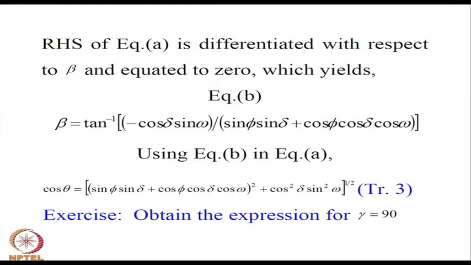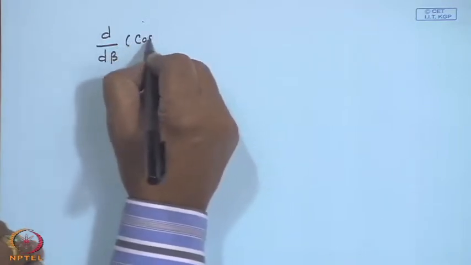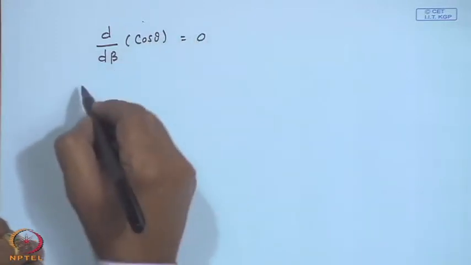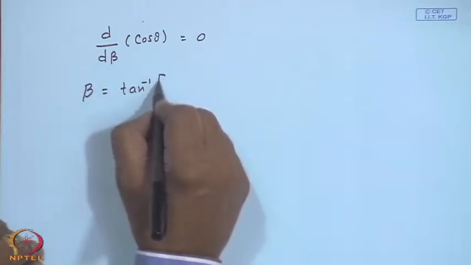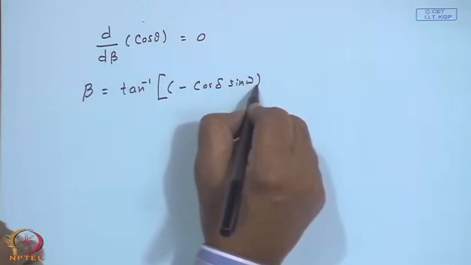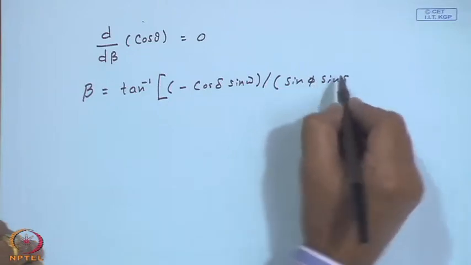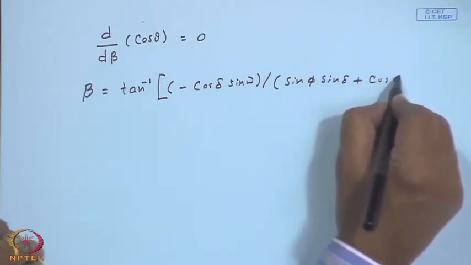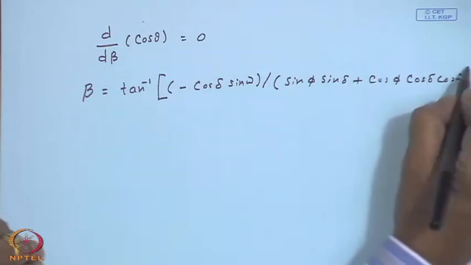To find this, we differentiate this with respect to beta and equate it to 0, and you will get the condition that beta should be tan inverse of minus cos delta sin omega upon sin phi sin delta plus cos phi cos delta cos omega.